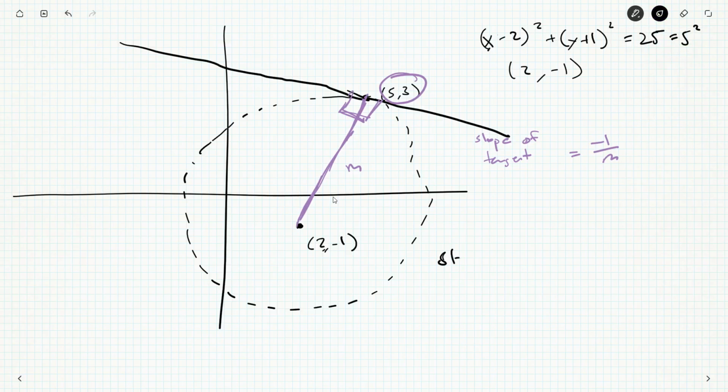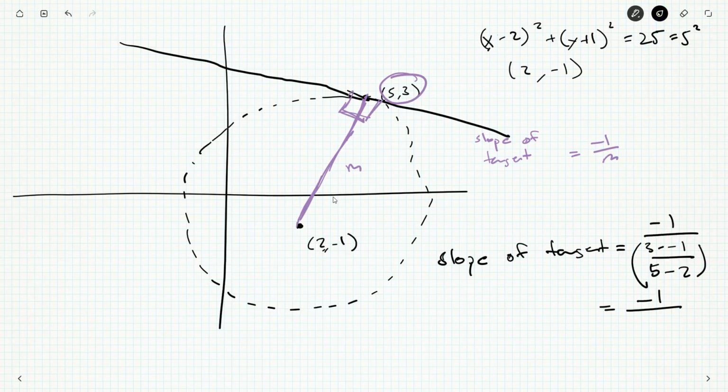The slope of the tangent is negative 1 over m, where m is rise over run, 4 over 3. So that's negative 1 over 4/3, or negative 3/4.